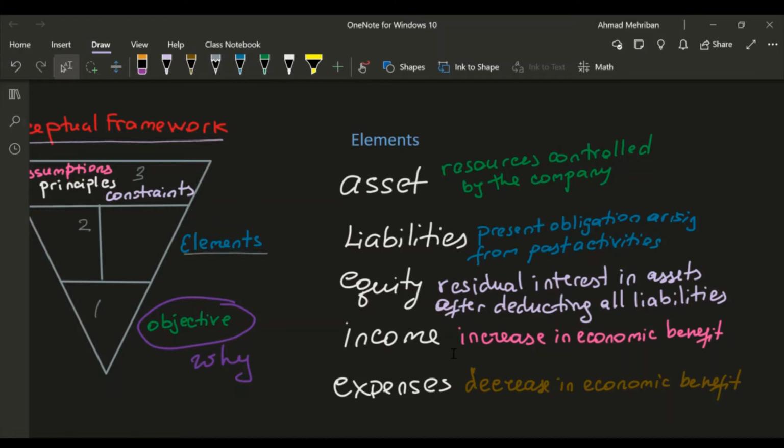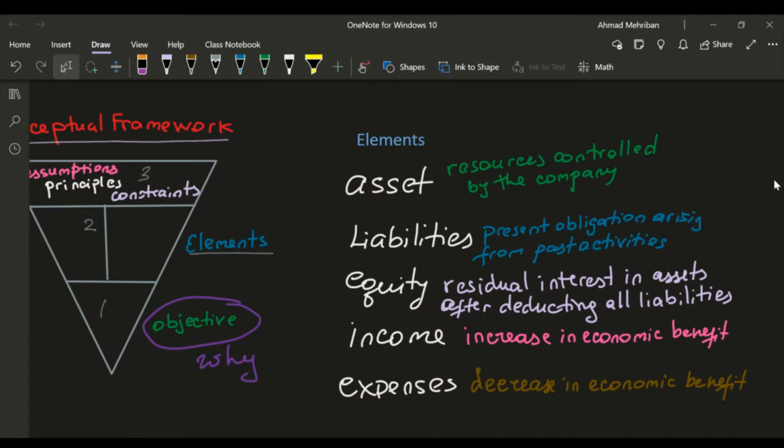It doesn't have to be in cash, but you already know that you will have a future inflow into your business of cash that will increase your equity or decrease your liability, and that's what income is. And then there are expenses, again a decrease in economic benefit. It will result in a rise in liabilities, maybe, or outflow of cash from the business. So that's the expenses. We will talk about it in detail later.